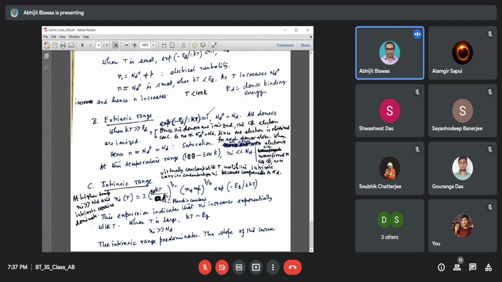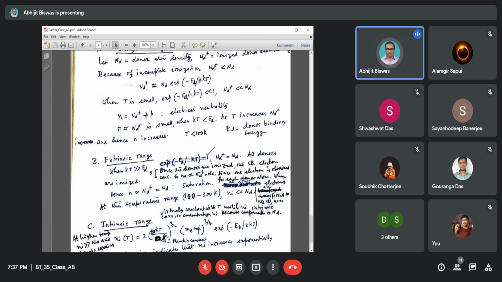So here kT, the thermal energy, is on the order of the band gap, and ni is much greater than Nd.